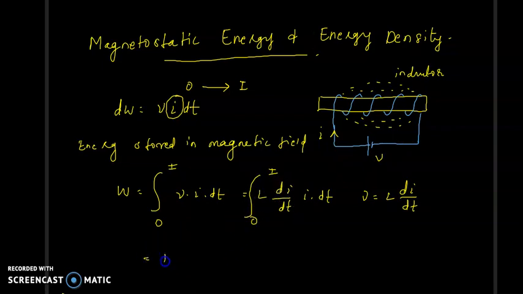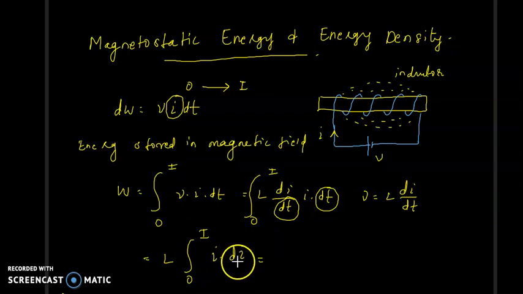You can take it out, L, and integrate from 0 to I of I di. Sorry, this is I di, because the dt terms are common in the numerator and denominator.